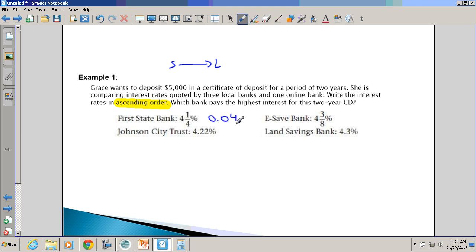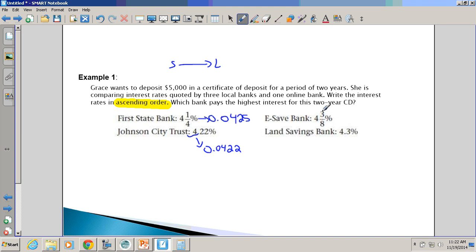Okay, so as a decimal, not as a percentage, this is 0.0425. We'll do the same thing for 4.22%. So I'm really just going to move the decimal place two places. 0.0422. So I've moved the decimal place two places to the left. As you can see, this one, First State, is larger than Johnson City so far.